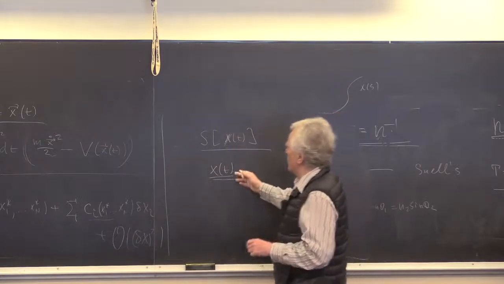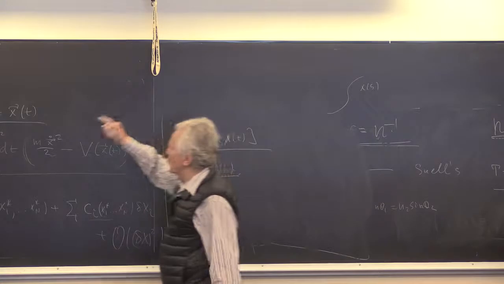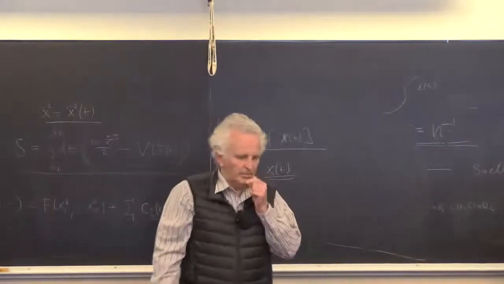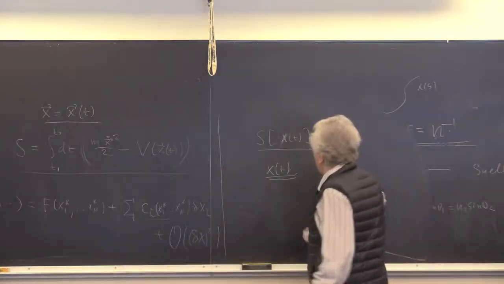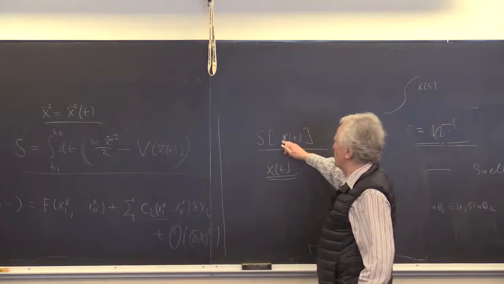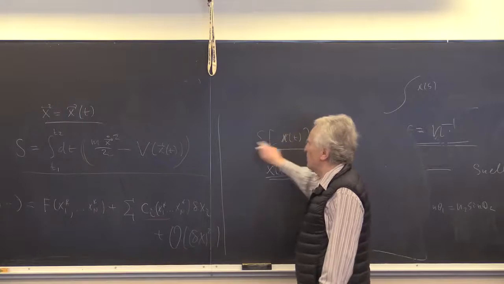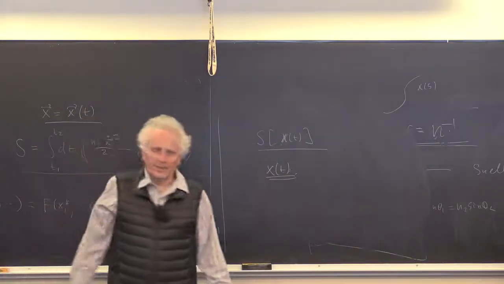So given a function of x, somebody tells you what x of t is, you plug it in, integrate, and get the number. Okay? Now, in which approximation would this problem reduce to the calculation of a function?